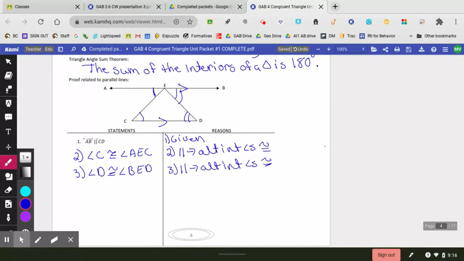So now I can do angle addition, and I can say angle AEC plus angle CED plus angle BED is equal to angle AEB, and that's angle addition. I know that angle AEB equals 180 because it's a straight angle.